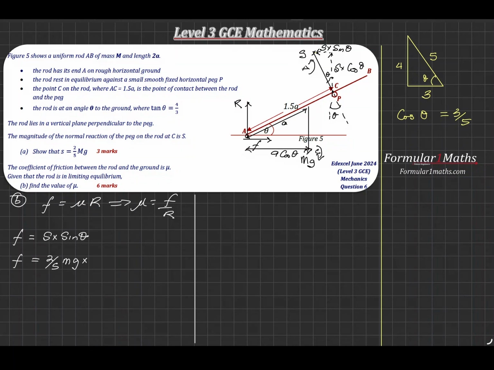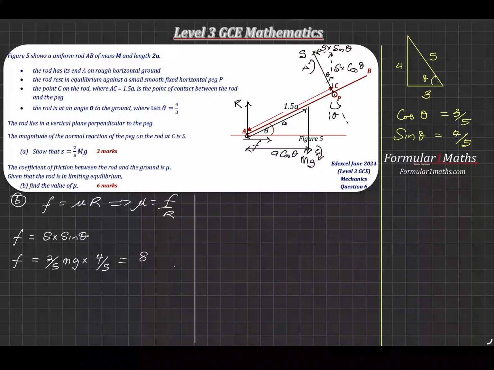But sine theta is equal to 4 over 5, which is the opposite over the hypotenuse. So I can therefore replace sine theta with that. So if I do that, I'm going to get times 4 over 5. So that gives me 8 mg over 25.